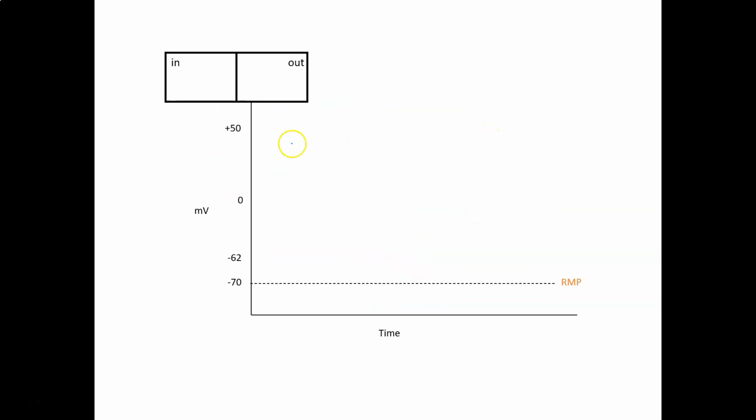What I have here is I'm showing you the membrane potential inside and outside the cell over the course of the action potential. I'm also showing you the resting membrane potential, changes in membrane potential over time, and all of this is in milliseconds. Okay, here's the action potential, right?